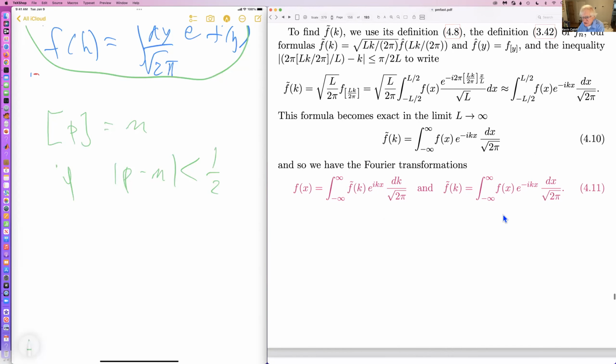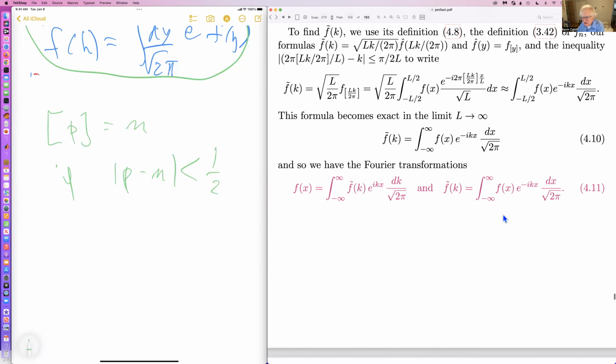And let's sort of remember here how we got from there to there. Well, we have to go back to the formula 3.42 to remember what f sub n is.